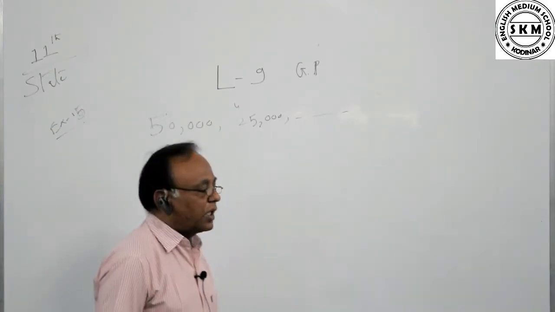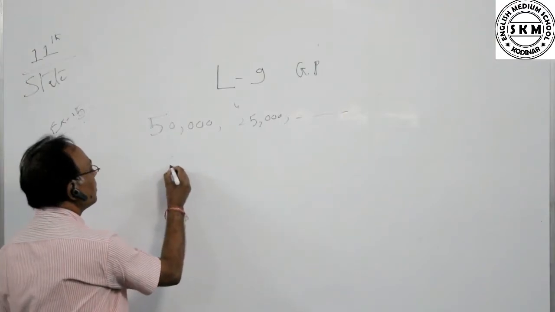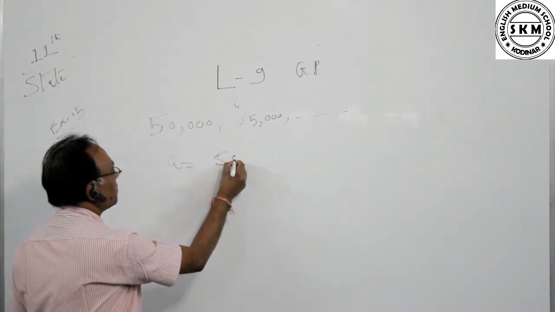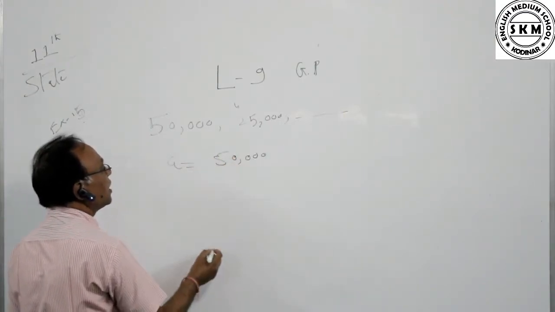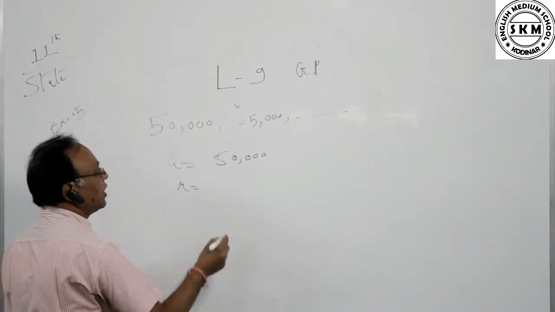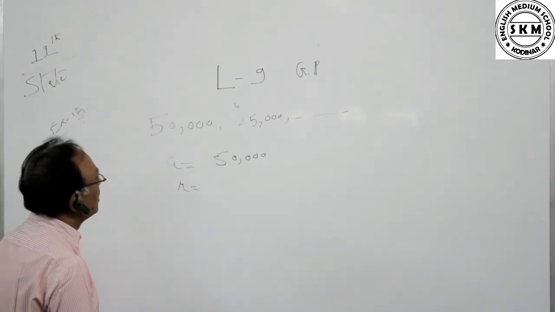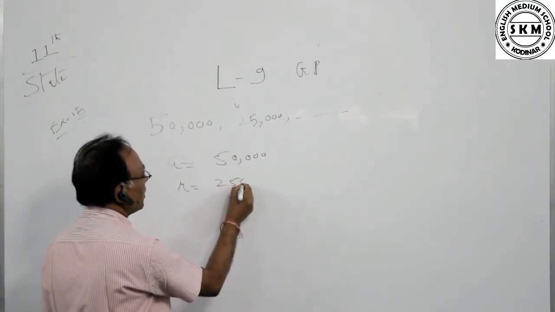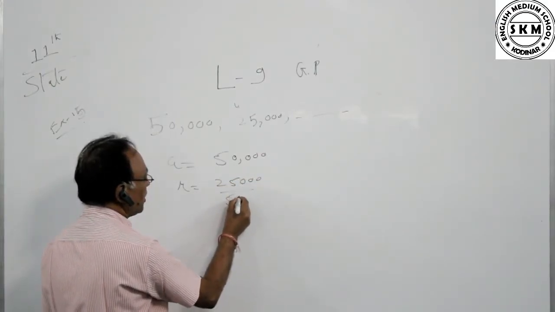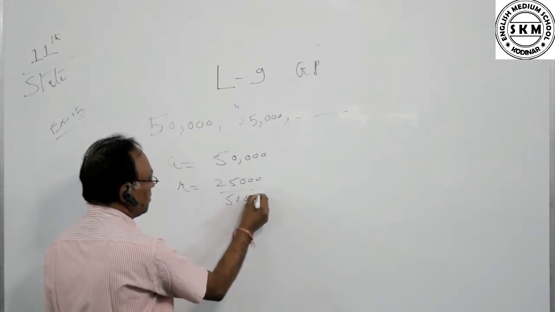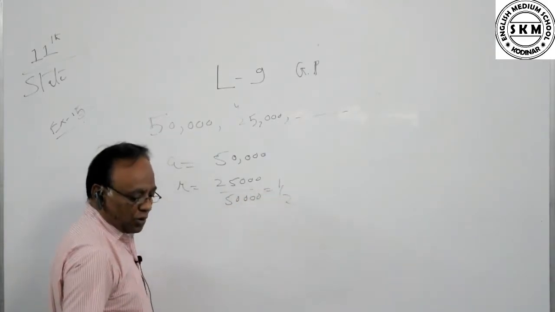Now what is a? The first term is called a, 50,000. r is equal to half, meaning 25,000 upon 50,000, meaning 1 upon 2.